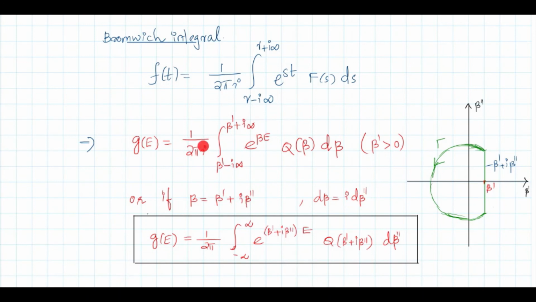This i cancels with the i in the denominator, so you will get 1 by 2 pi. So g of e is 1 by 2 pi times the integral from minus infinity to infinity of e raised to beta prime plus i beta double prime times e, times q of beta prime plus i beta double prime, d beta double prime. But we will use the technique of contour integration for calculating this, and I will explain that in the next lecture. Thank you.